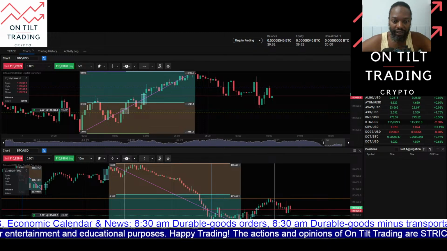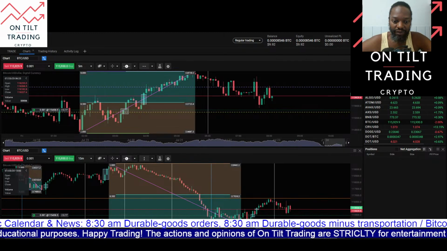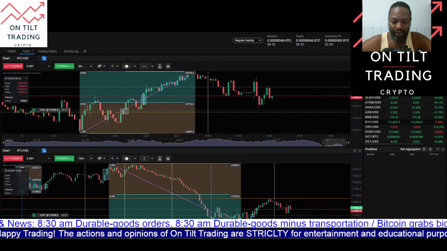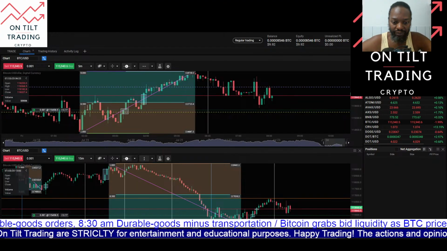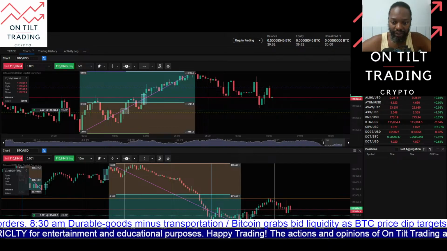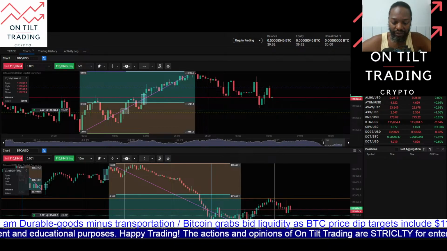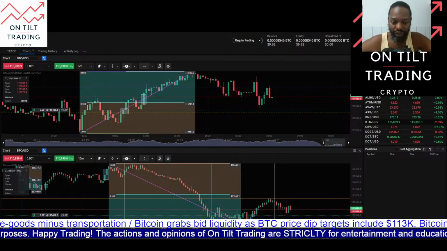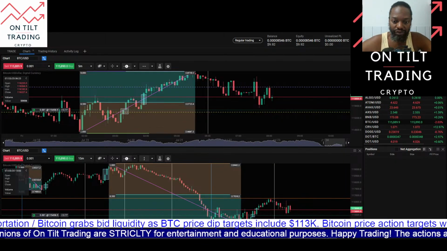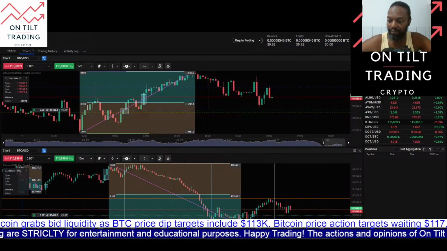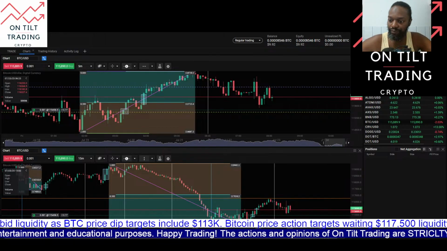Looking at a target of this 15-minute swing high right here for liquidity. As you can see, price action sold down to this level here, and this morning in this candle, this was swept here. So I'm looking for a draw on liquidity to the buy side this morning.